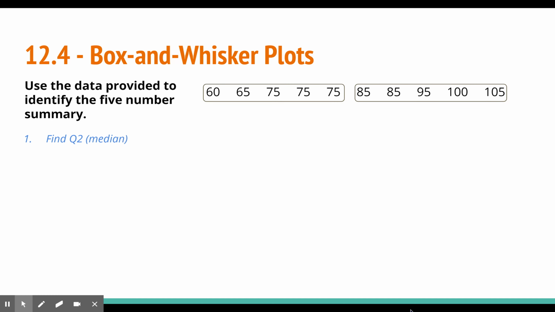So just like the previous slide, to me, it's going to be easiest to first find the median. So we're going to break up our data set into 2 equal groups, looking for that number in the middle. This data set has 10 values, so it doesn't have a middle number. It has 2 numbers in the middle.